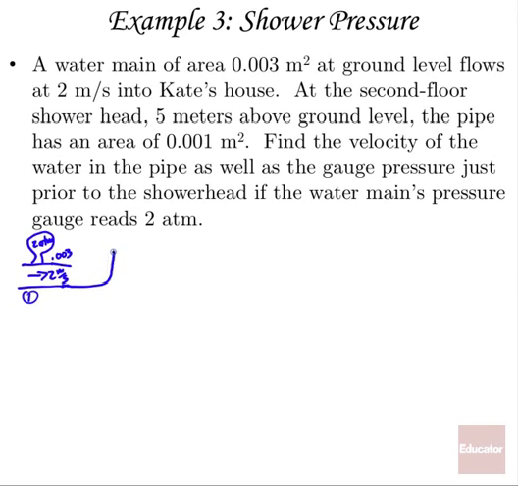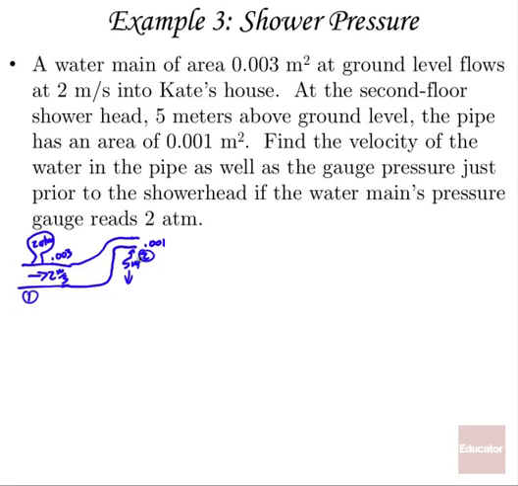Now, somewhere up here, it has a height difference of about 5 meters, and before it comes out, it is now down to a cross-sectional area of 0.001 square meter. We need to figure out here at section 2, area 2, what the velocity is of the water in the pipe, as well as the gauge pressure just prior to that shower head.